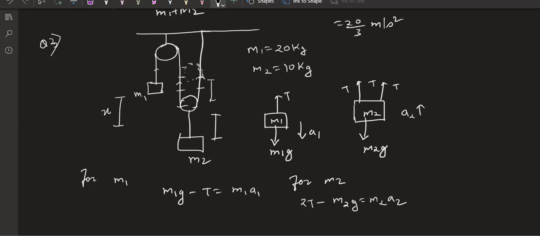So if this mass is coming down by x distance, this will go by x by 2 distance. Yes or no? Everyone should get it, don't worry. We'll solve one problem only, but we'll understand the concept.